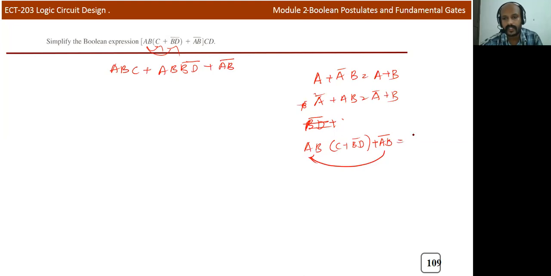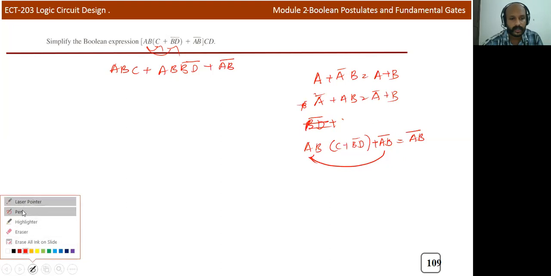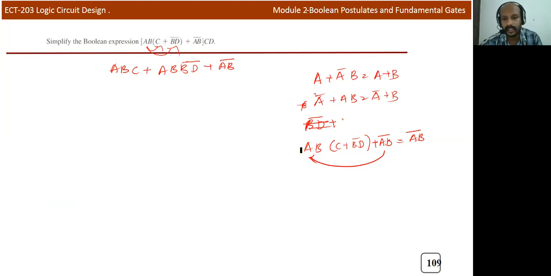Okay, so the final expression you can write like this by the redundant literal rule. C plus CD bar you can consider as a single term. So if you consider this AB as a single term, there is AB. So C plus CD bar you can consider as a single term. So AB the whole bar is here, so its complement is written here. Okay, something similar to here. Here it is A bar, and here it is A, and it is B. So you can write A bar plus B.